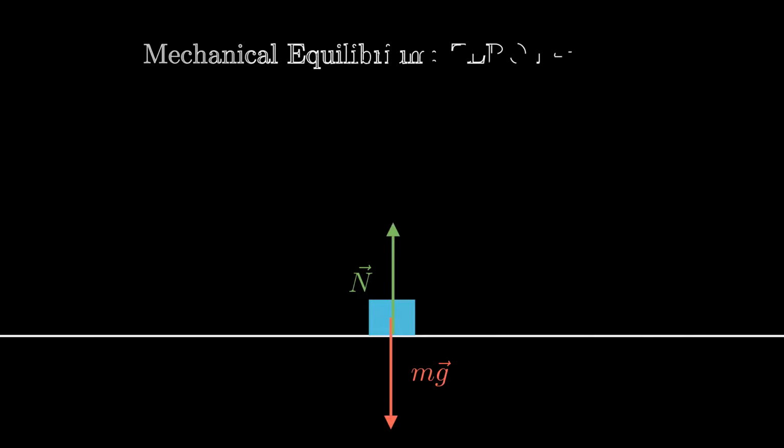We have gravity pulling it downward, and the normal force, maybe from the surface of the table, pushing it upwards. So, for this body to be in mechanical equilibrium, or stable, the total force on this body has to be equal to 0. Otherwise, obviously this body is going to accelerate and start moving. That means the gravity and the normal forces should eliminate each other.